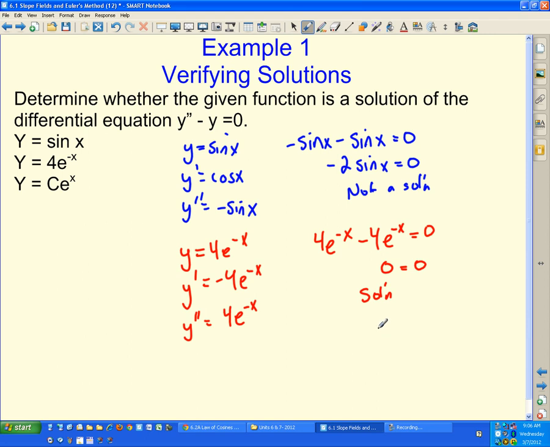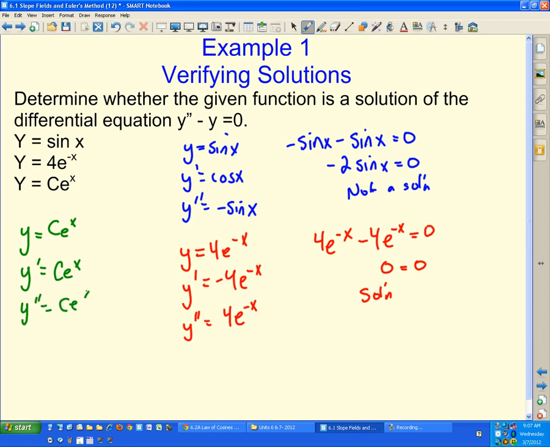And then maybe this is a general solution, so we can try this one and see if it matters whether there's a 4 or not out front. I'll take the derivative of the last one here. If I take the derivative twice, I get ce to the x and ce to the x.